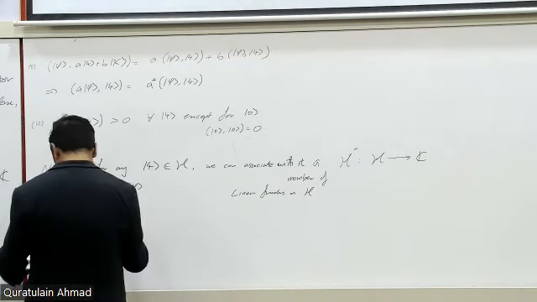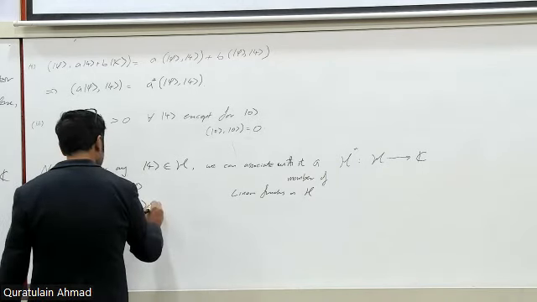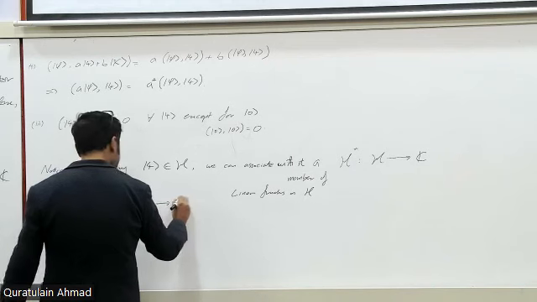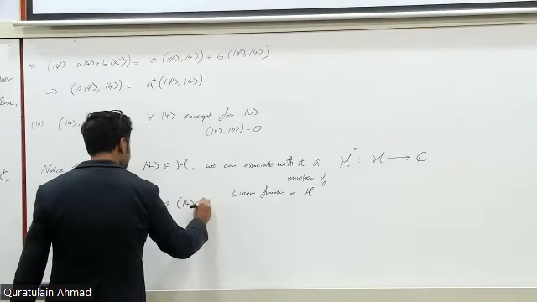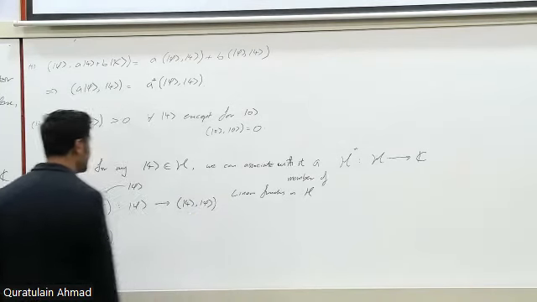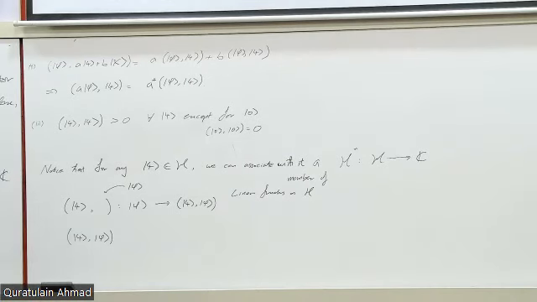The action on phi is defined like this, so it's defined for all vectors. So I can construct just any dual vector starting from psi.